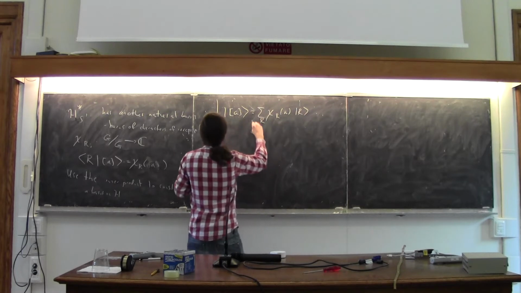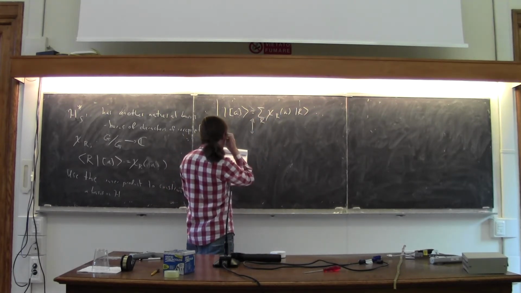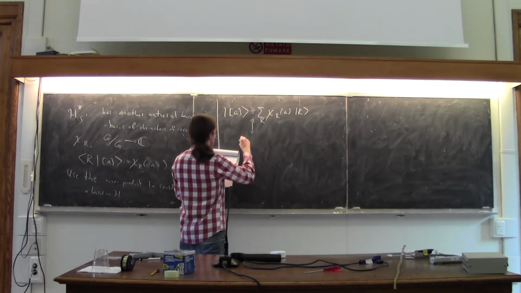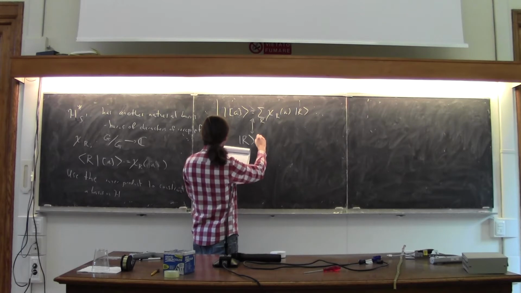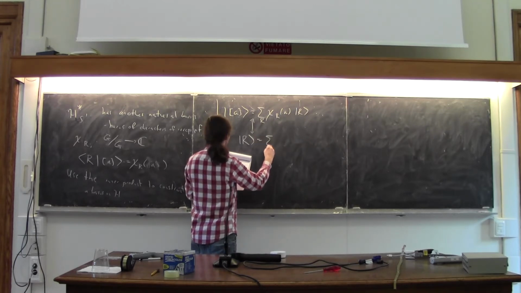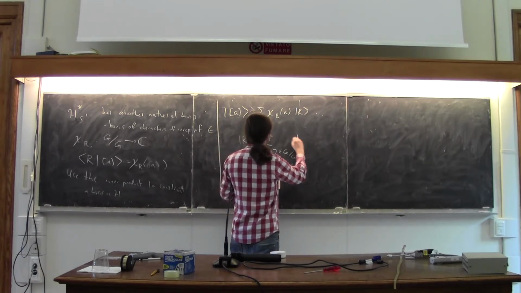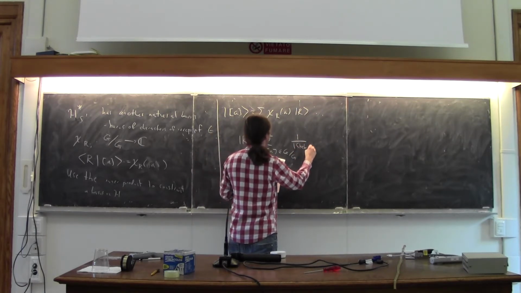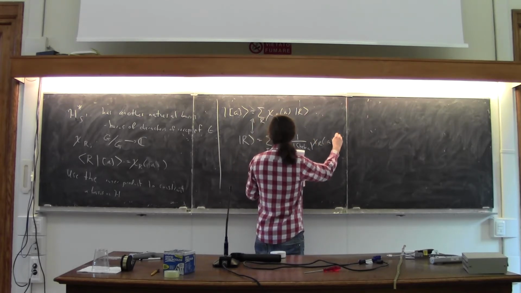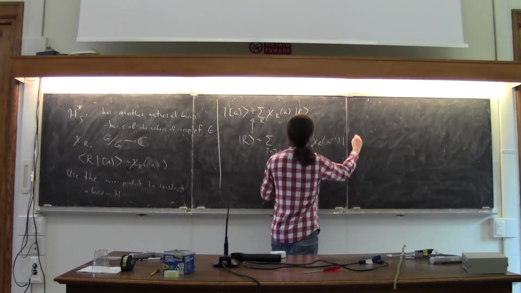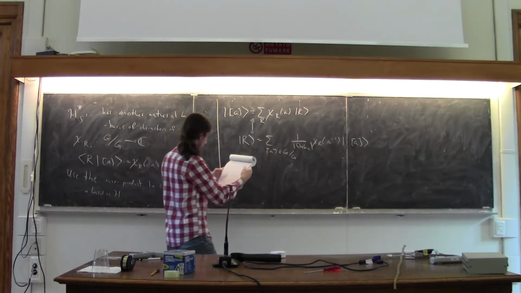So this can be inverted using Schur's orthogonality relations for characters. So I can reverse this expression. So this is a sum over conjugacy classes, one over the order of the stabilizer, character of A inverse, vector associated to A. Okay.